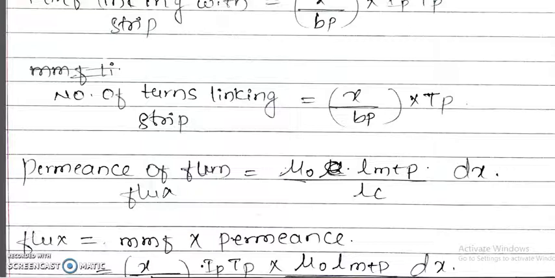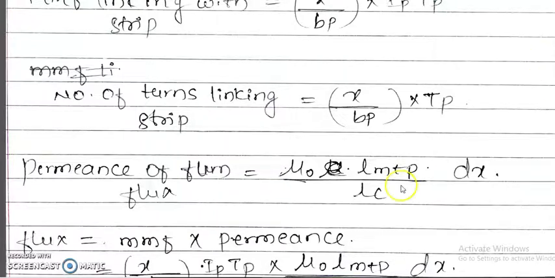So the permeance formula you know already. What is the permeance formula? It is mu naught mu r a by l. Now mu r is equal to 1, the relative permeability we are considering, and mu naught is present here. And what about a?